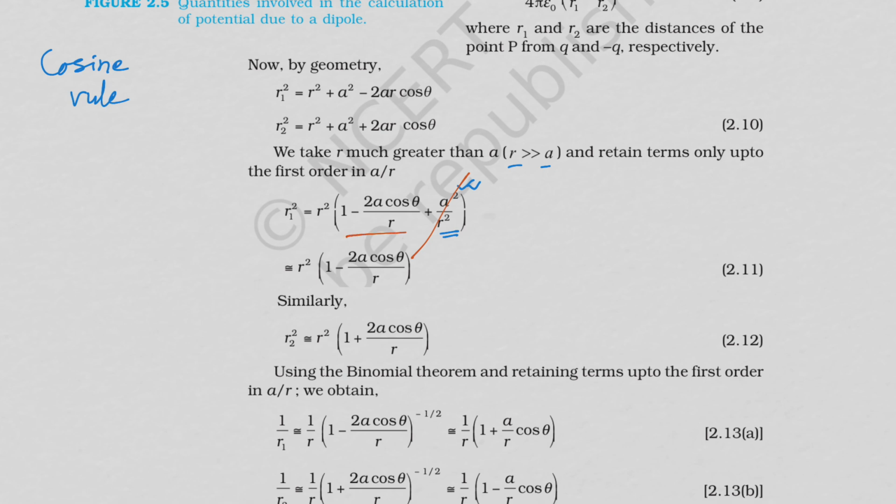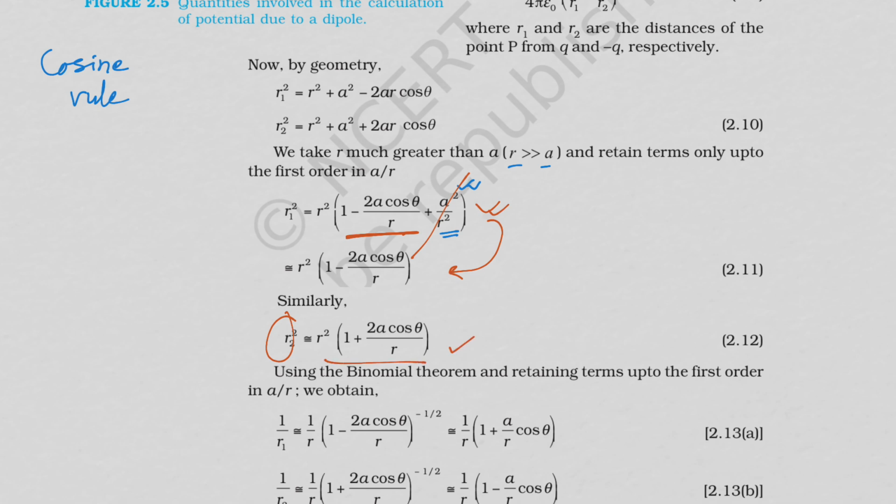With only these two terms, it is sufficient to understand the relation of potential at a point. So you see that in the next step, the third term is eliminated, and for r2 square it is the same.